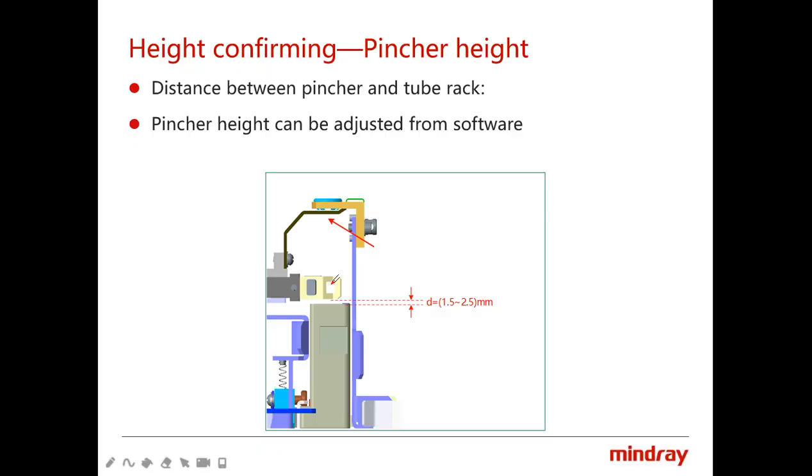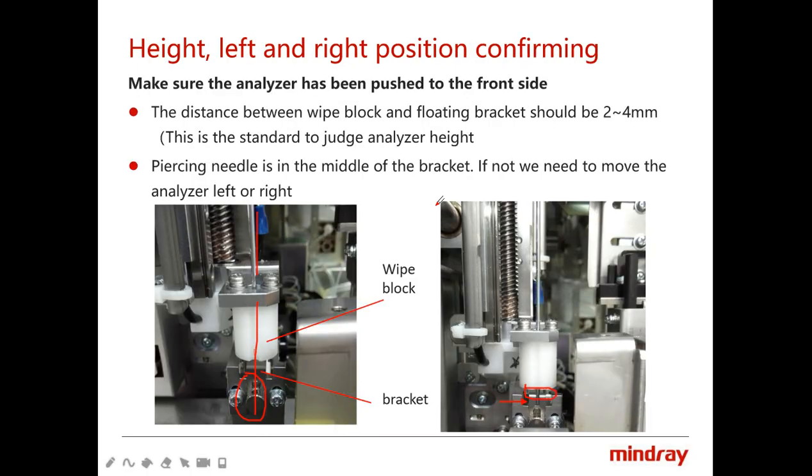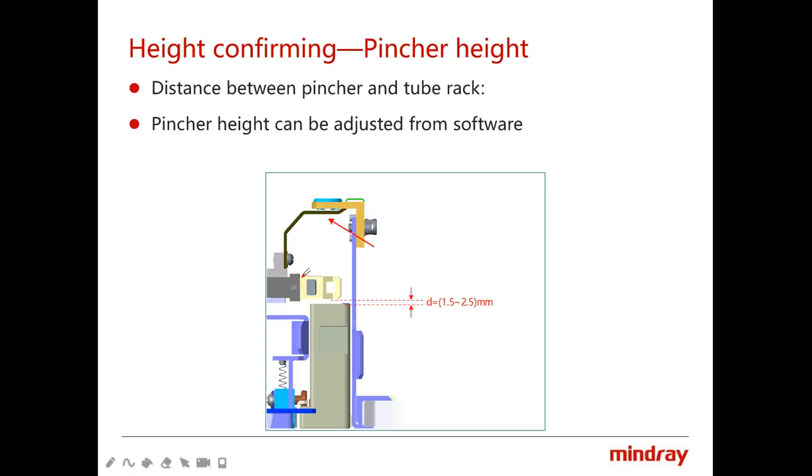Okay, and we also need to guarantee the gap between the pincher and the rack. We can adjust it by the software. We need to first guarantee the gap between the white block and the bracket, and then observe the pincher.